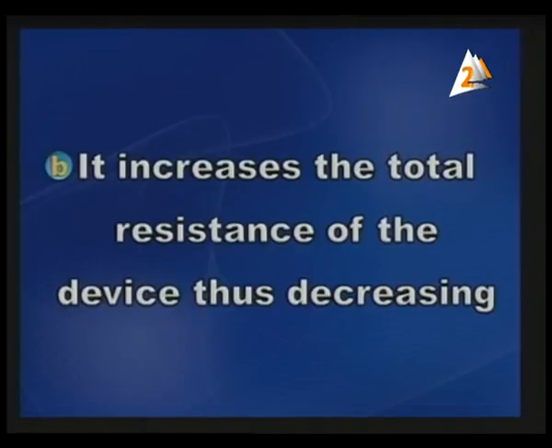It increases the total resistance of the device. The internal resistance of the device will be increased. So a voltmeter is a very high resistance instrument because of the presence of the multiplier, which increases the internal resistance of the device.